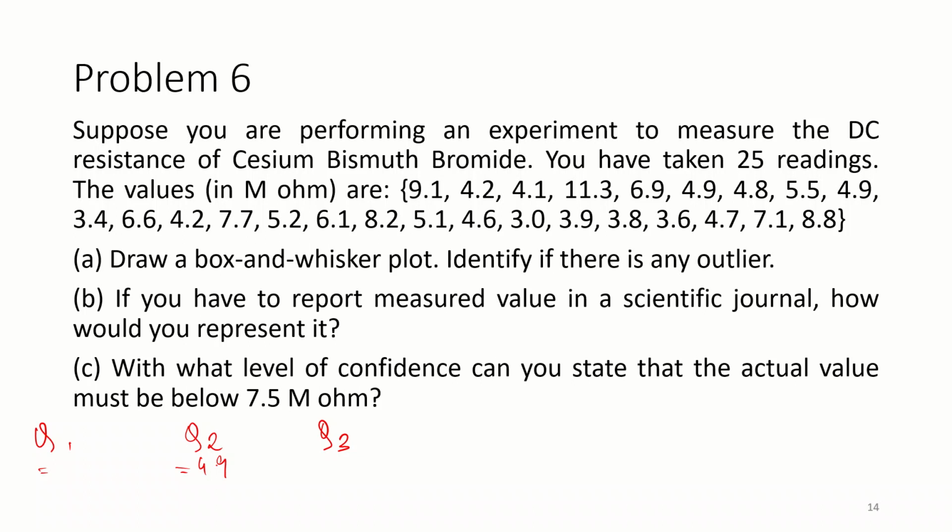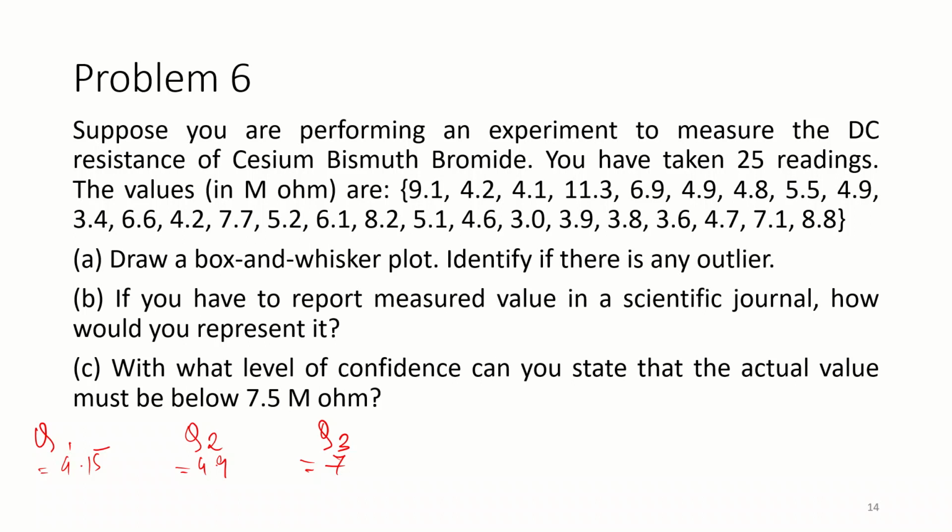And similarly, 4.9 is 2 times, so another one will be what? Then how many numbers in the second half for Q3? 6.9, 7.19. So for Q1, you are saying 4.15? Yes, sir. And Q3? 7, sir.